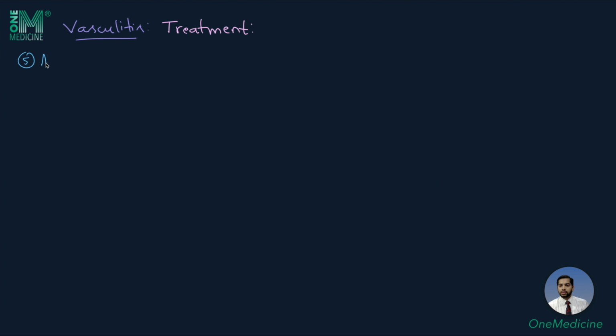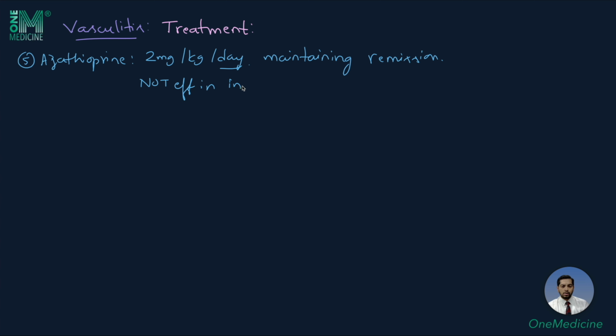The other options include azathioprine, which is used in the dosing of 2 milligram per kg per day, and is effective in maintenance of remission. However, it is not so effective in induction of remission or in treating active disease.